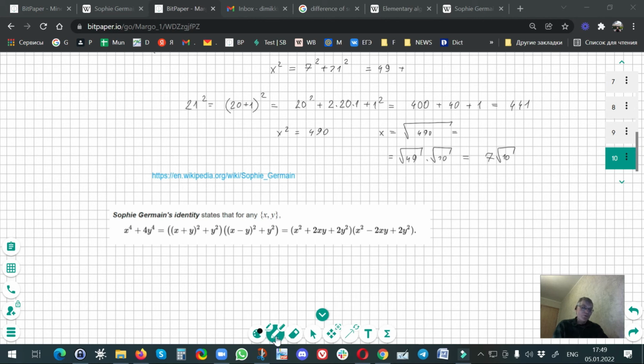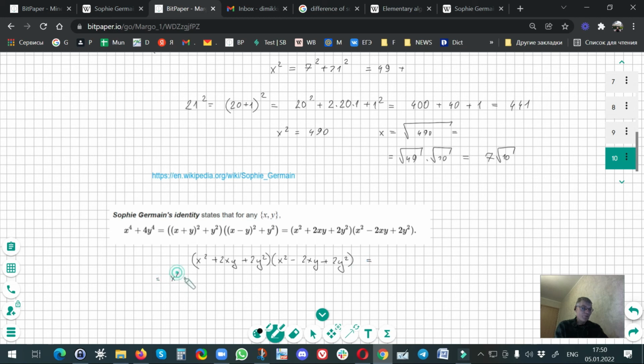So let's multiply out the last one. X squared plus 2xy plus 2y squared times x squared minus 2xy plus 2y squared.